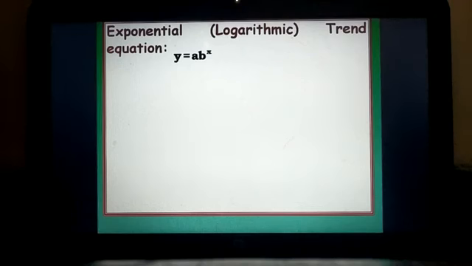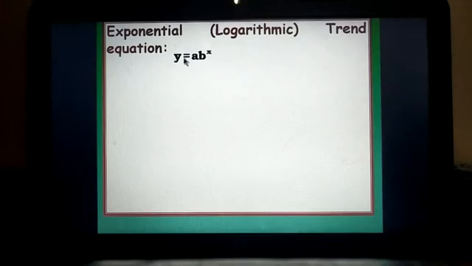Fine. In order to calculate these two constants, a and b, we need two normal equations.